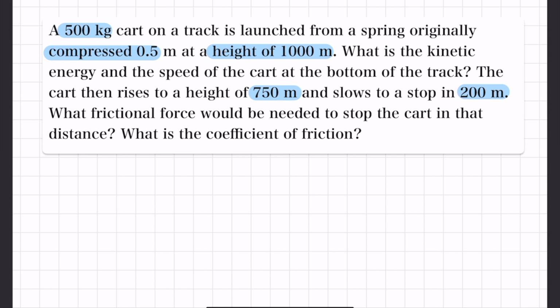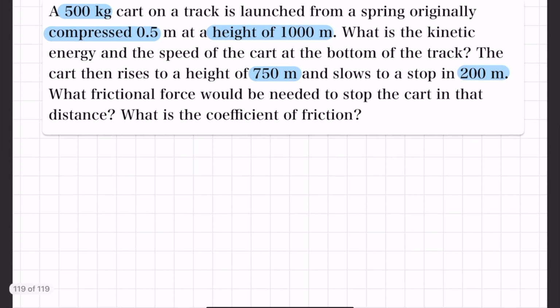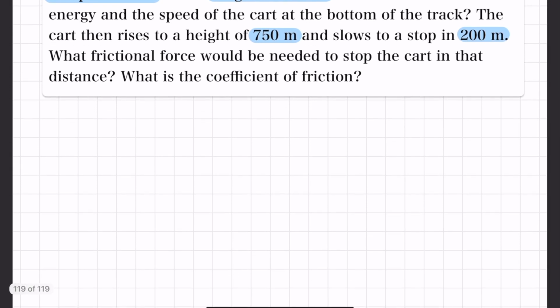So first step, we want to draw our picture. So I'm going to draw that we have this height, and then we're going to come up to about 75% and go on for a little while. So this vertical distance here is going to be our 1,000 meters.